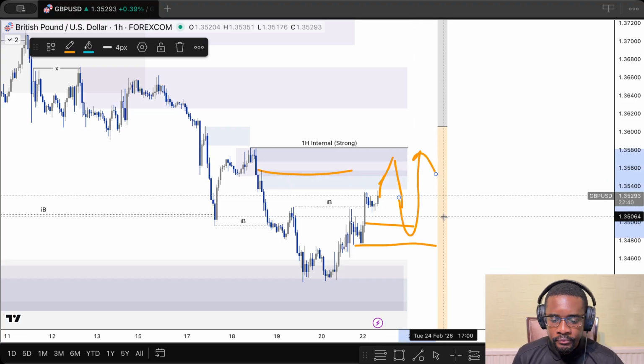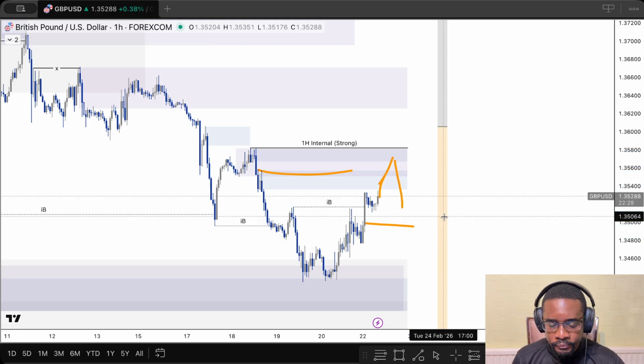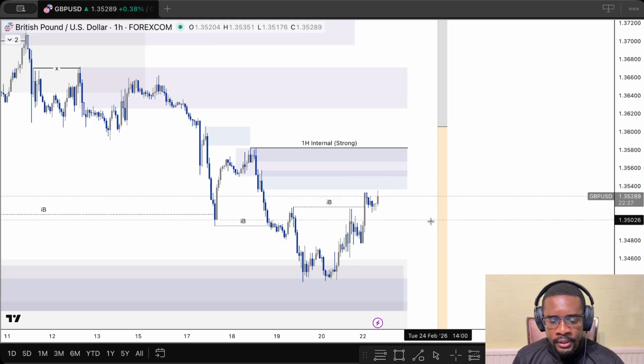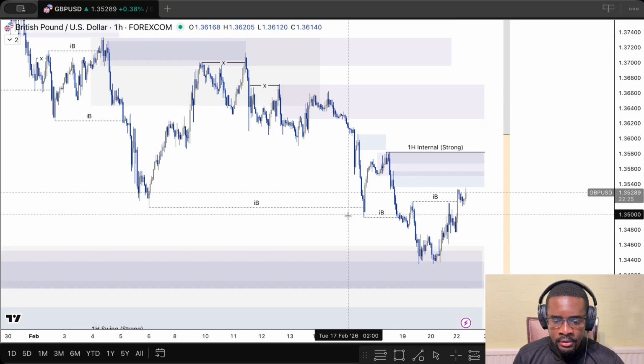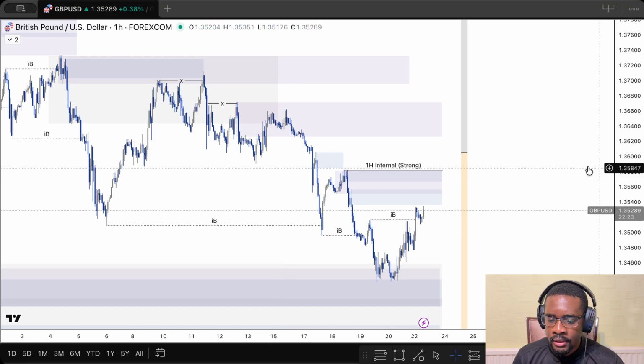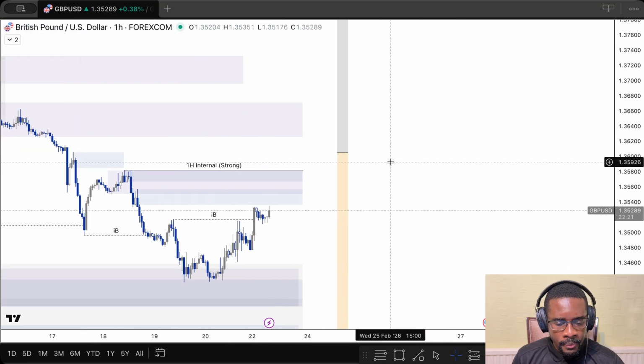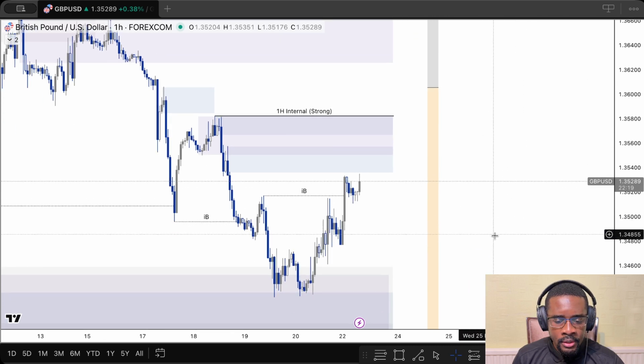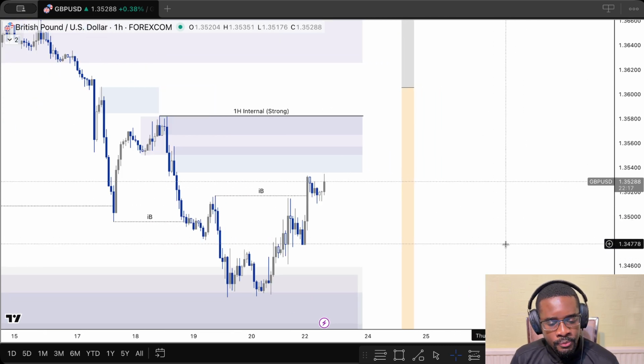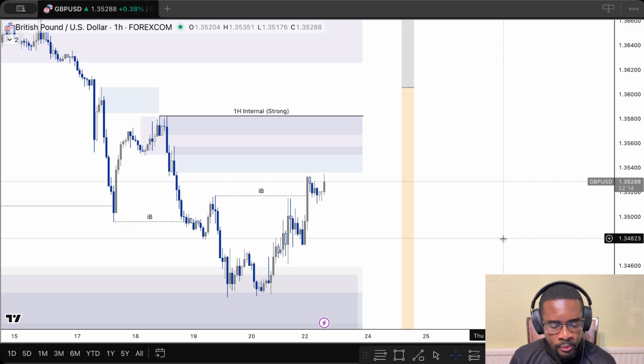That's a scenario that we could be looking at the moment. On the pound, that's the only scenario that is clear, so we'll just be waiting for that.